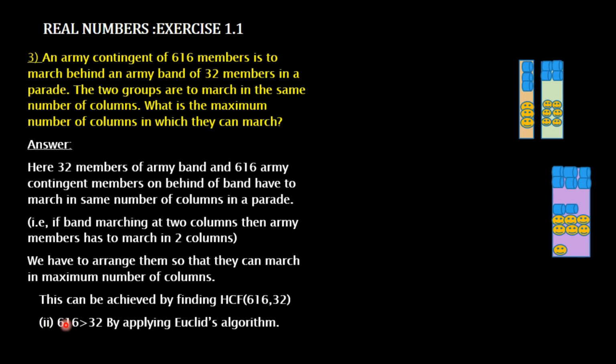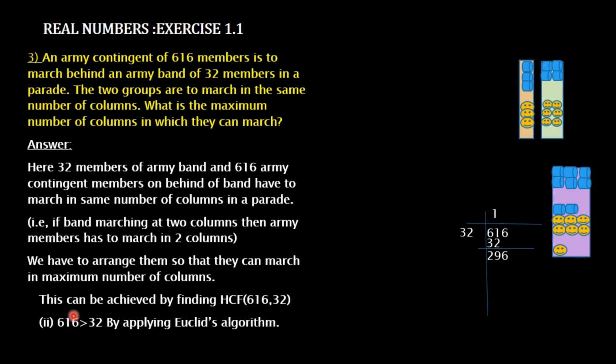By applying Euclid's algorithm here, what will happen? We can do this by the division method, or you can proceed by mental calculation. What will be the result here? 32 into 20 will be 640, so somewhat 19 will be our quotient. We can check. That is 616, 32. Then 32 is 1 time in 61, that is 32. Then by subtracting we will get 29.